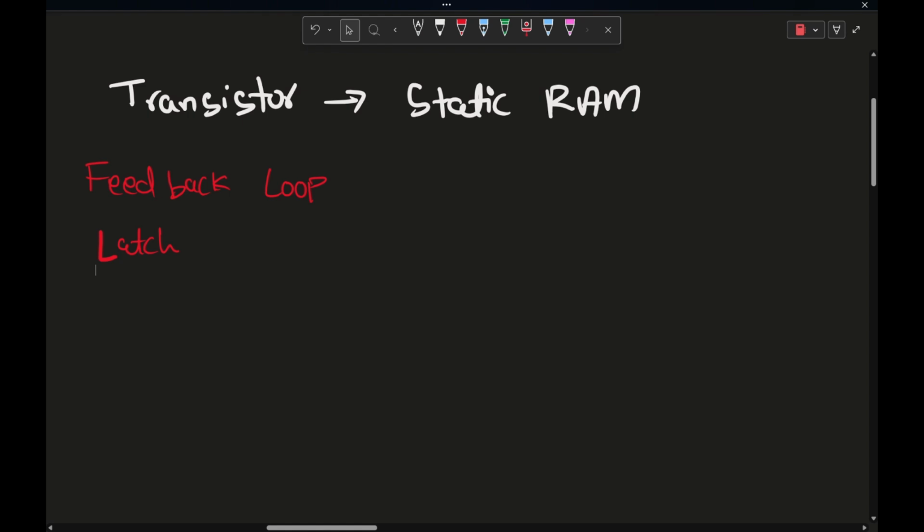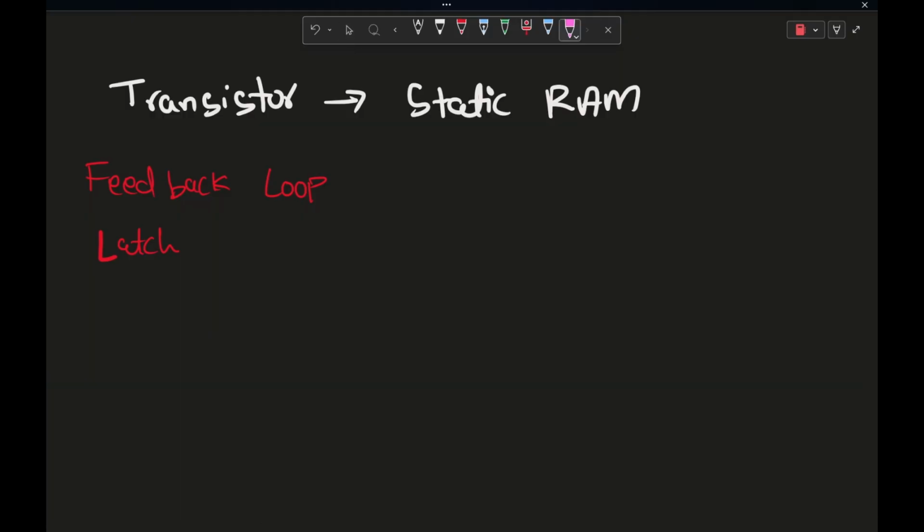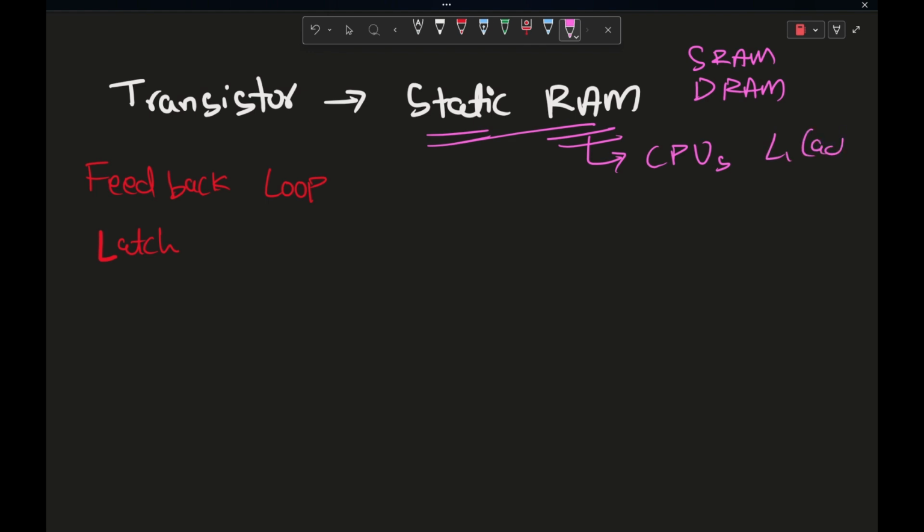Okay, so now let us understand how a transistor is used to create a static RAM. Now see, RAM is always of two types: static RAM and dynamic RAM, which is also known as DRAM. Static RAM is used to create the CPU's L1 cache and L2 cache.